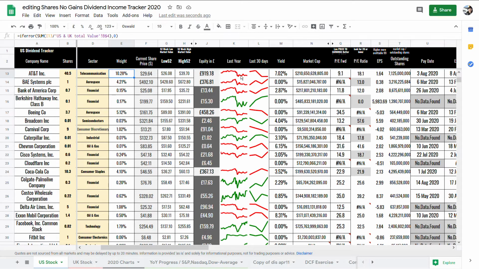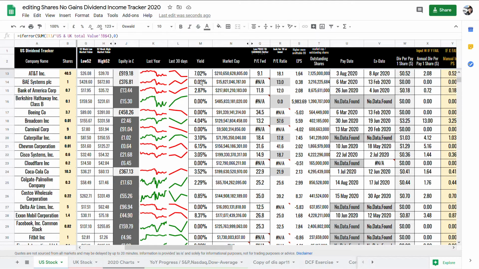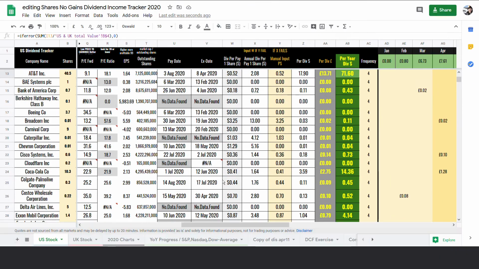And you can see it's been going down during this crisis. So I have these graphs that make it easier. It has a yield of 7.02. All of this is automated, and the market cap, so I can see how much it's worth. I can see the forward PE ratio and the PE, and some little notes help me figure some stuff out.